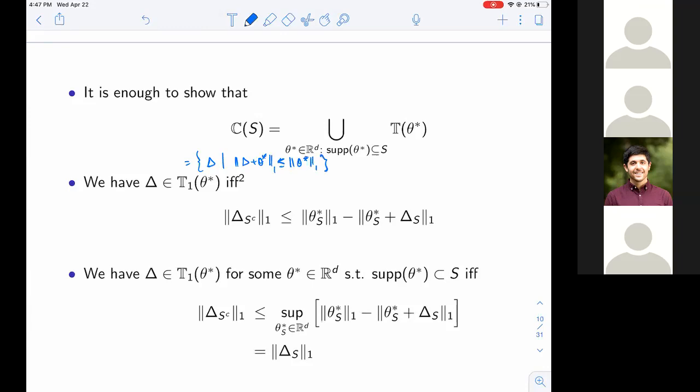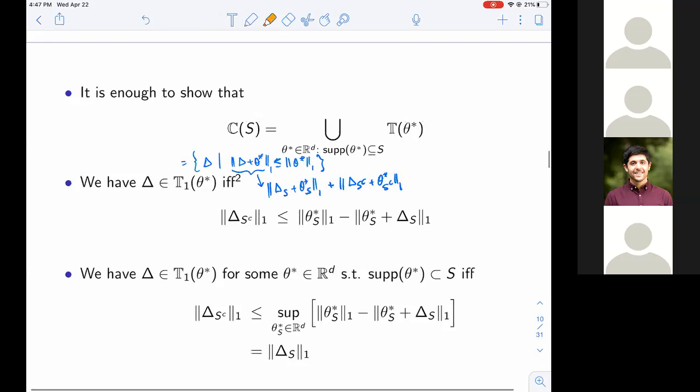And the main idea is that I can write this part, I can break it into the part which is on the support of theta star plus the part which is off the support, the complement. But then, sorry for the rush, this is 0. This is 0 because that's the support.